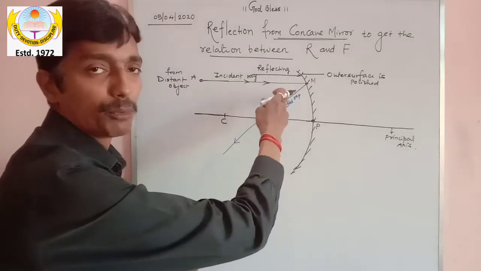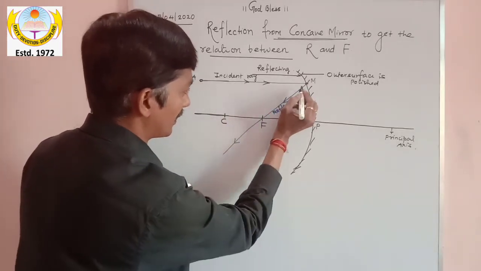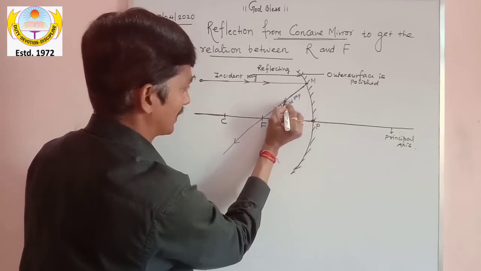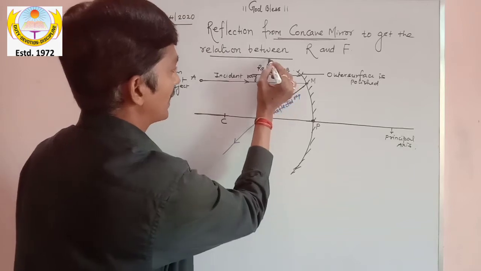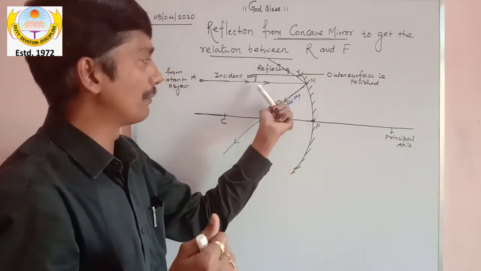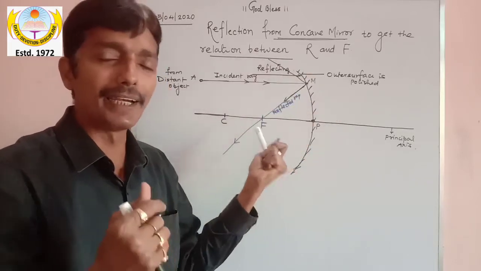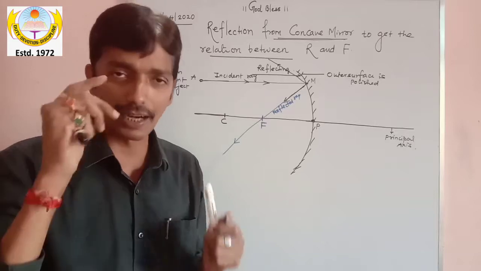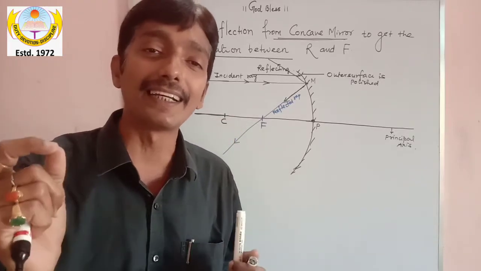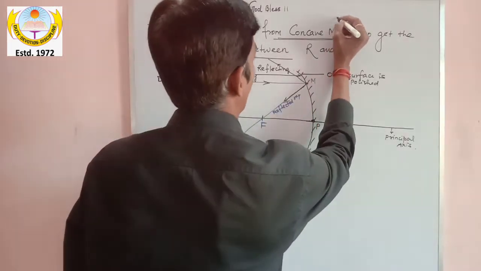Here is one more point I wanted to tell you. My dear, you can see here the ray is reflected in this direction, right? The ray is reflected in this direction. The ray is not reflected there. You must be thinking why the ray coming here does not go there instead. My dear, you must be knowing, or from my video, please take care: concave mirror is a converging mirror.